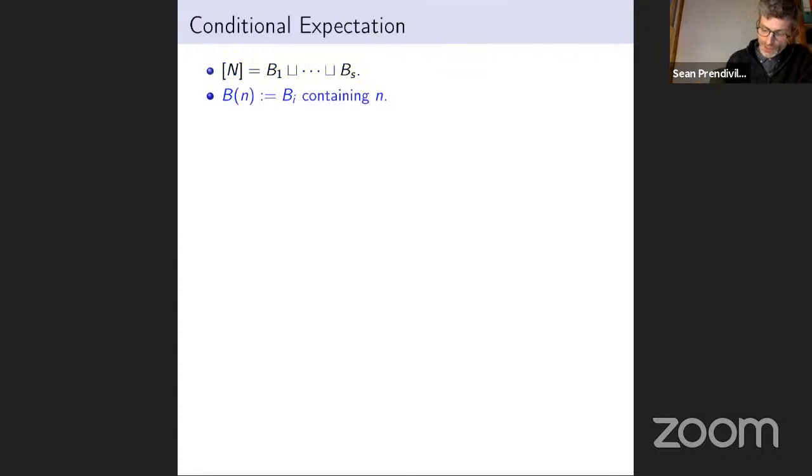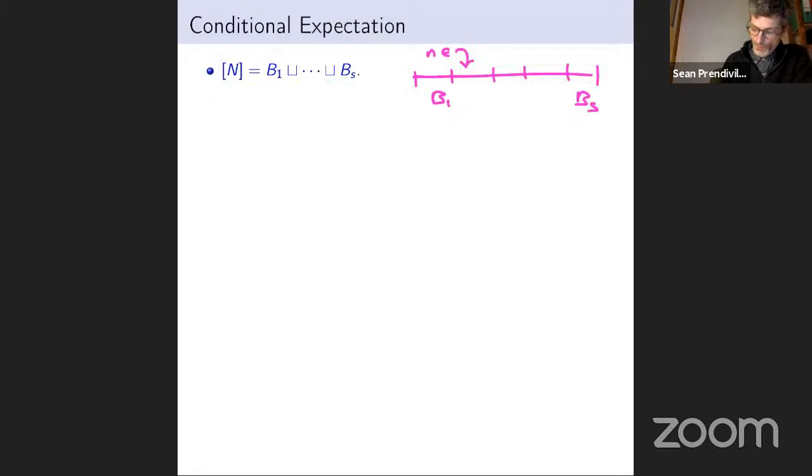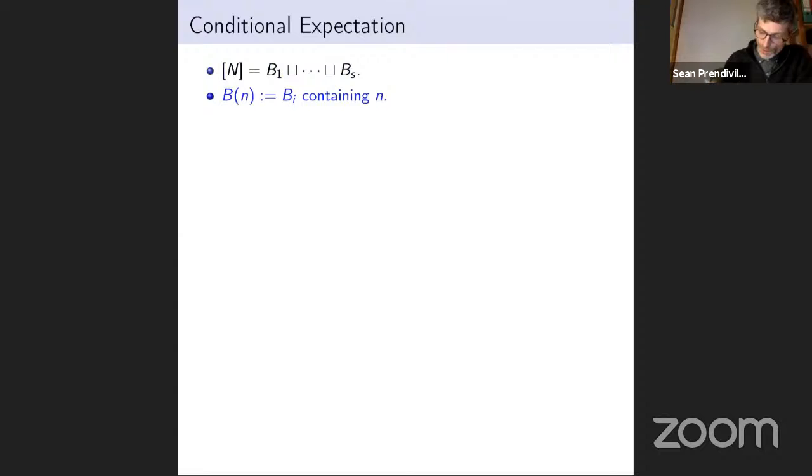So first I want to set up this idea of partitioning our interval into disjoint sets, b1 up to bs. And I'm going to abuse notation and write B(n) to denote that part in the partition which contains the integer n. Okay, so for every integer n in this interval, there's exactly one part, bi, containing that. And so we denote that B(n).